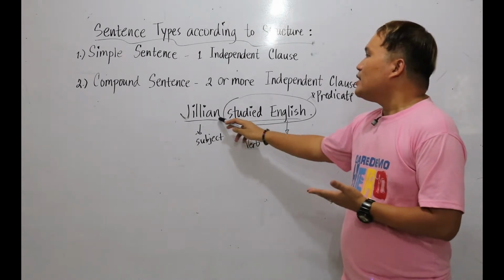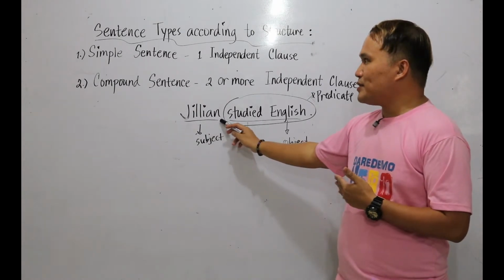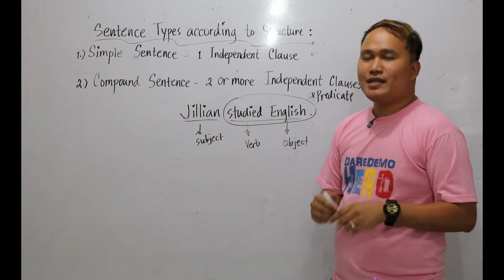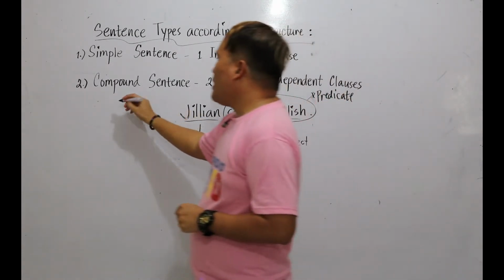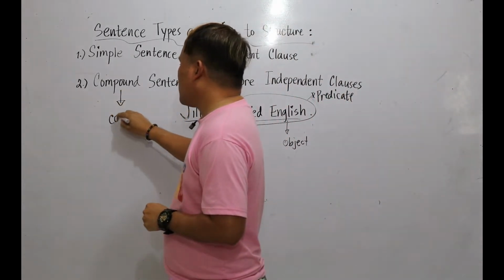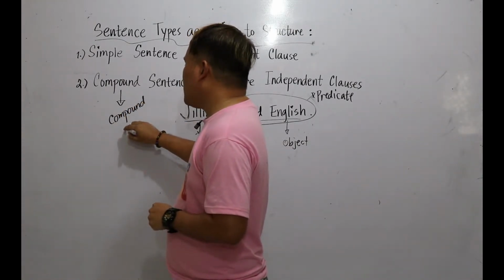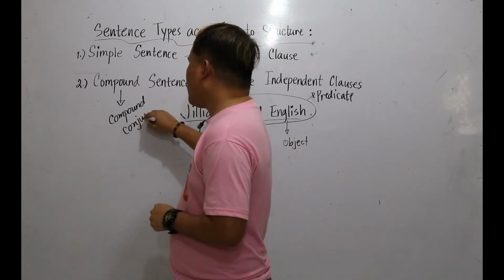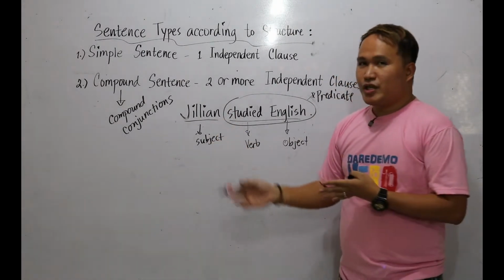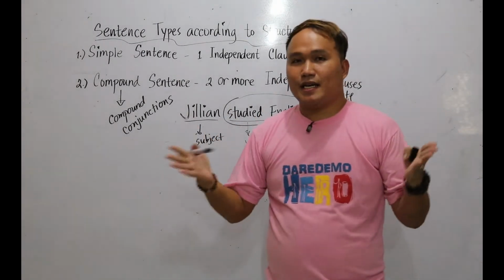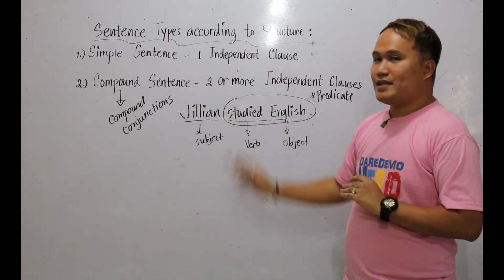So if we're going to transform this simple sentence to a compound sentence, we need to have what we call compound conjunctions. From the word compound, okay? So these conjunctions are used to connect two independent clauses. Okay, so that's what a compound sentence is.